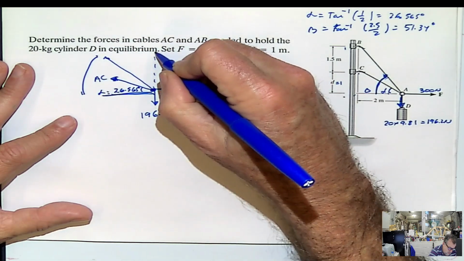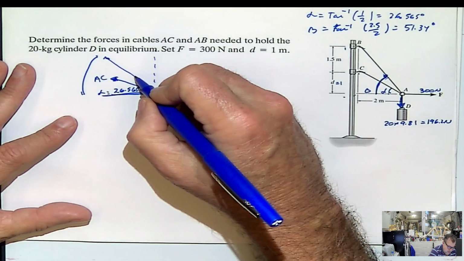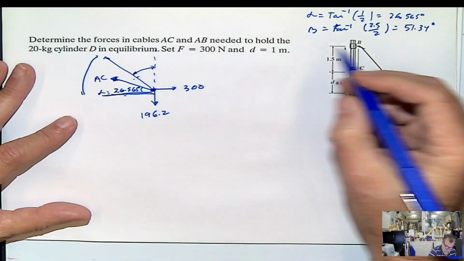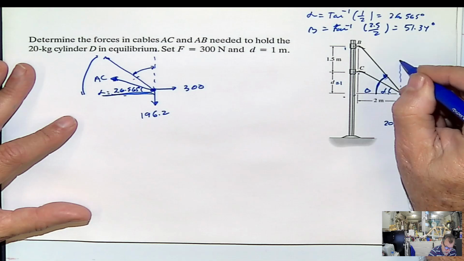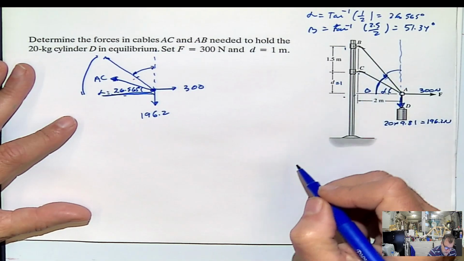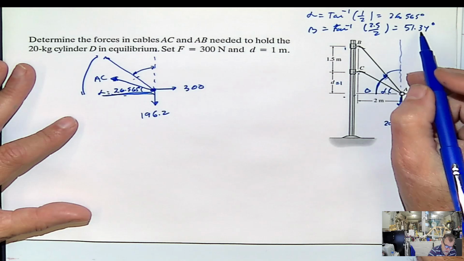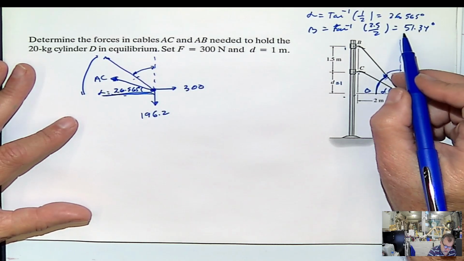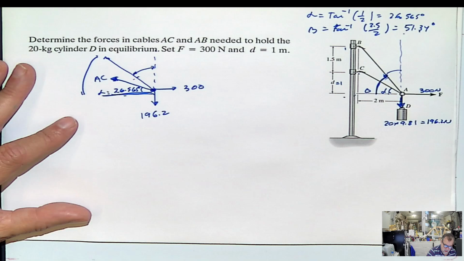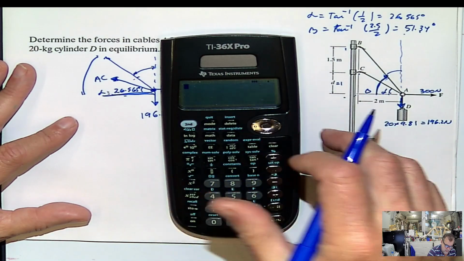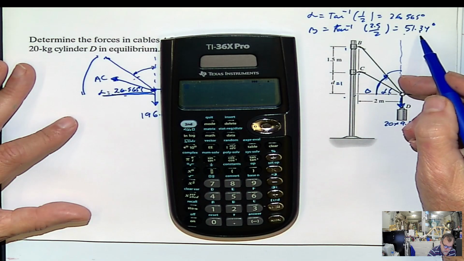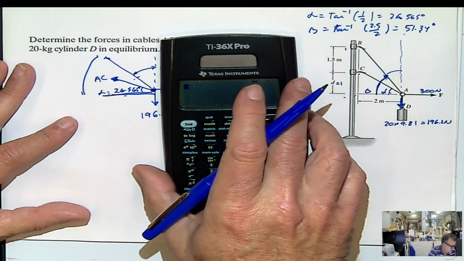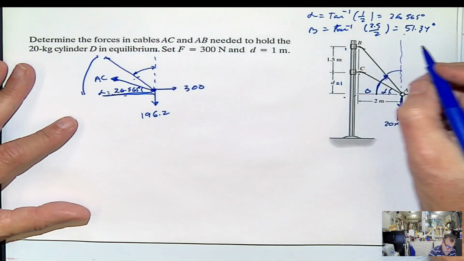I'm just gonna make it easier. I'm gonna work with the complementary angle here. I calculated beta, but because it's gonna be on top of the drawing, I'd rather use this one, the complement. If this is 51.34, that would be 38.66.